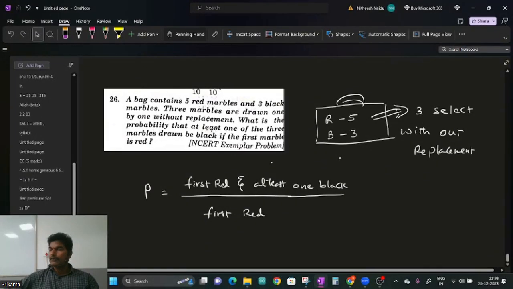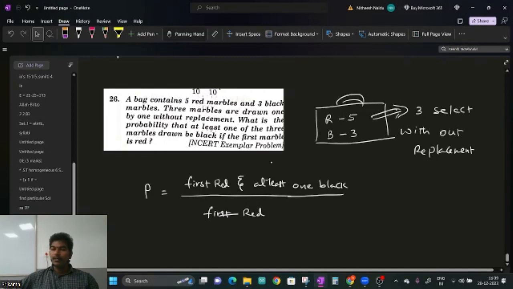This is also a conditional question. He said, if the first marble is red, in the last sentence. That means you have to assume that the first ball must be a red marble. So that should be written in the denominator: first red.